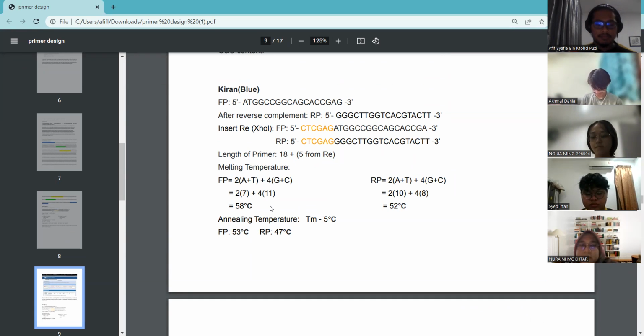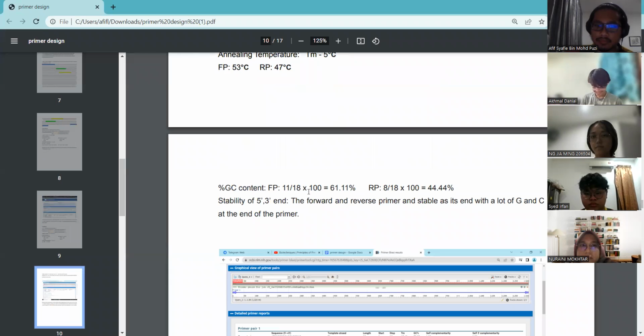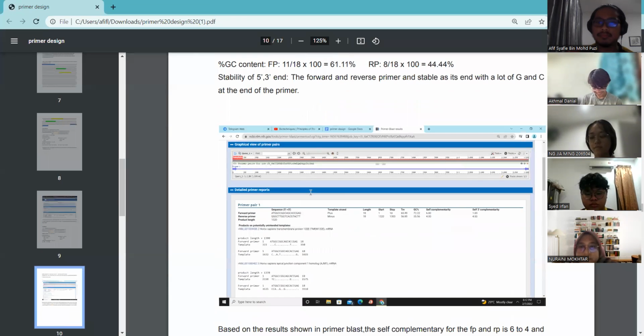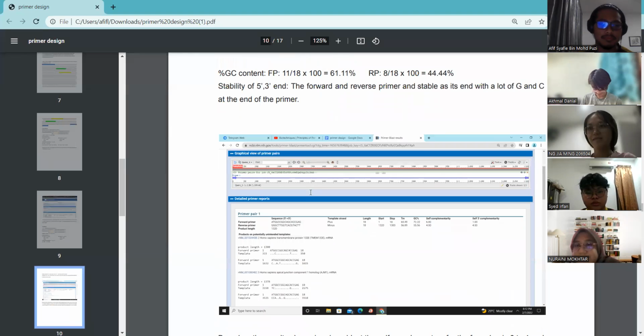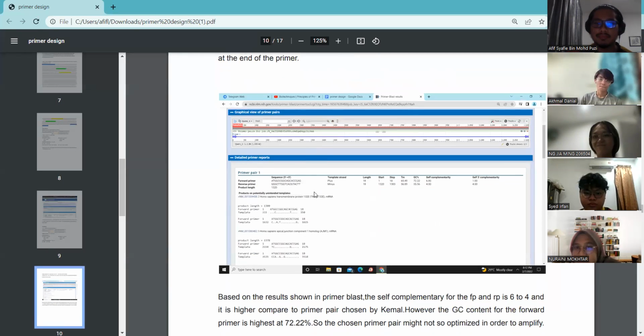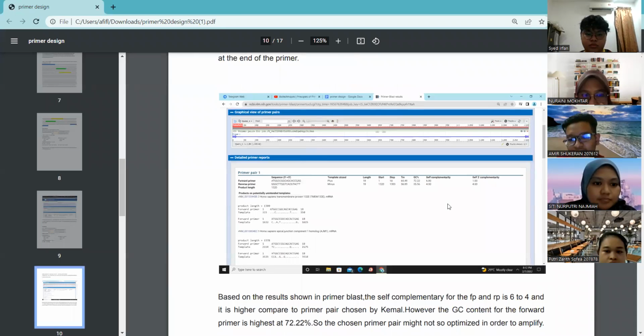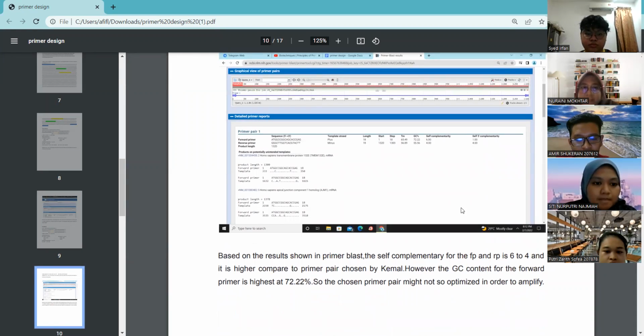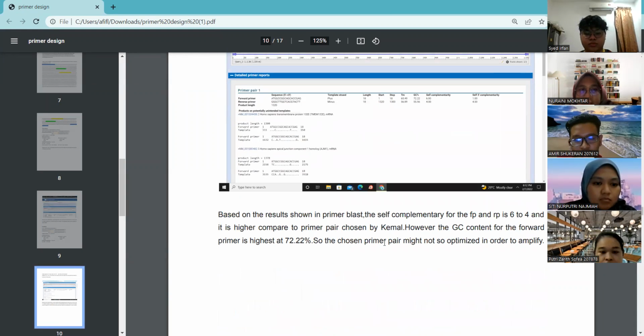Okay, scroll down. For the GC content, I got 61.11 for the forward primer, and for the reverse primer, I got 44.44. But for the primer BLAST, I got a bit confused using it, so I asked Akmal for help, and I decided to compare my primer pair with Akmal's.